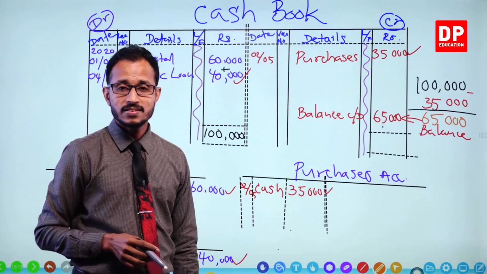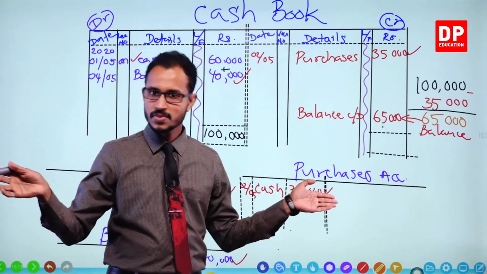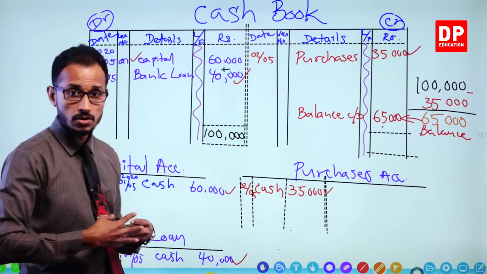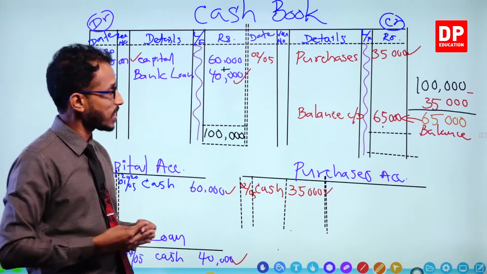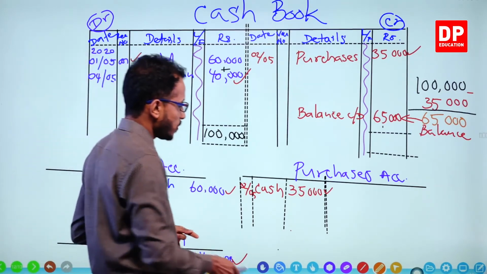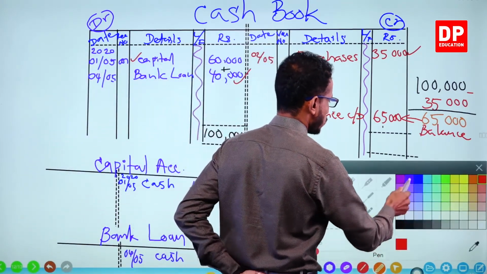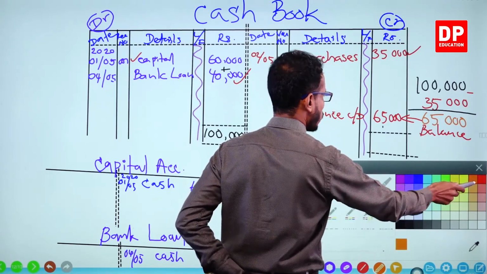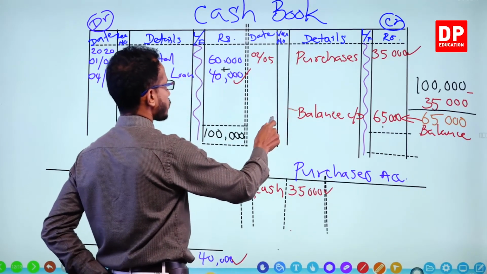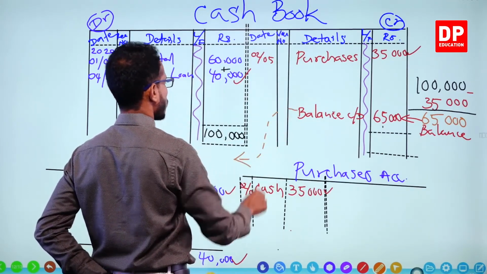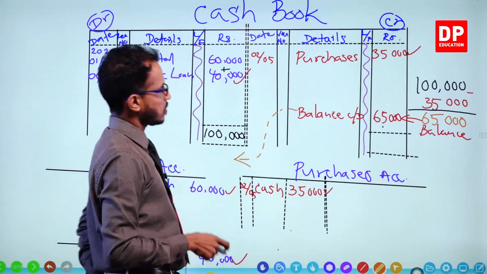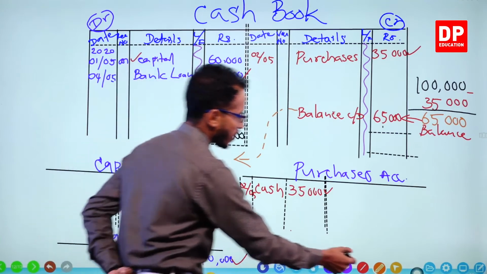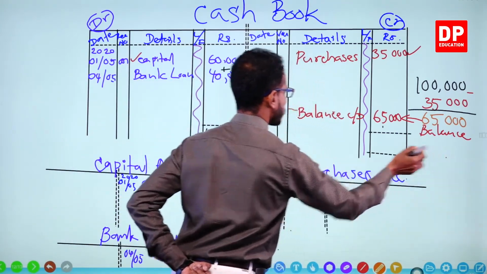Simple, right? That's how you balance. Not only that, it doesn't stop there. The balance has to be brought forward to the other side again. The balance has to be brought forward to this side again. 65,000.